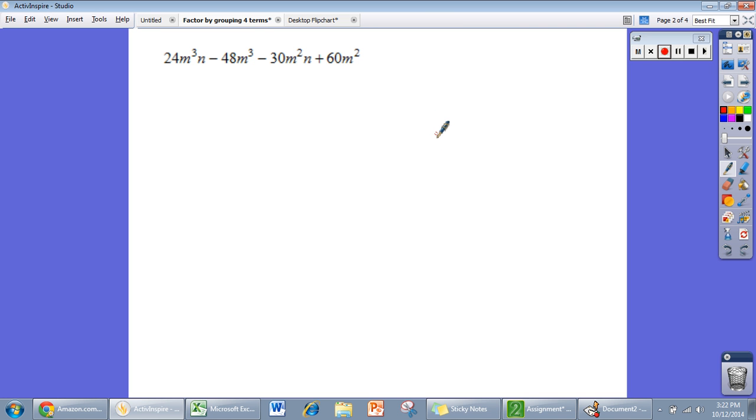Okay, our next problem, once again, just like the others, we're going to see if there's a greatest common factor. We always want to factor that out if one exists. And I'm looking through my problems, looking at 24, 48, 30, and 60. Each of those can be divided by 6.